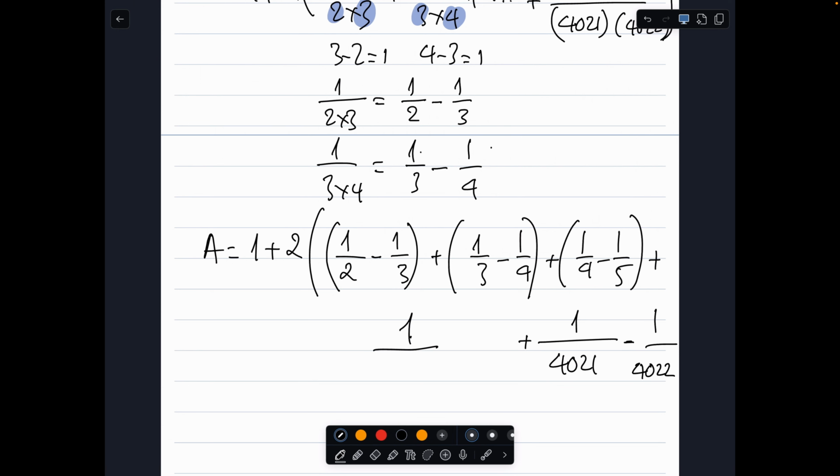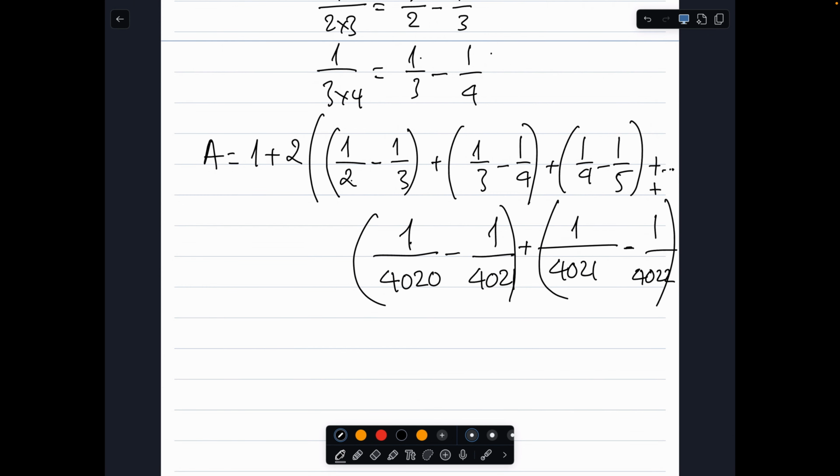You see 2 3, 3 4, 4 5, so before this it should be 4021, then this should be 4021.